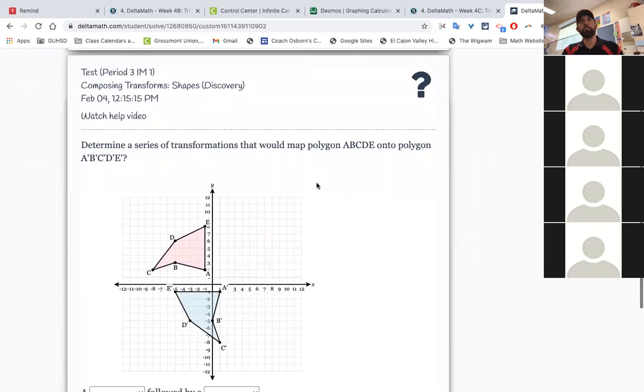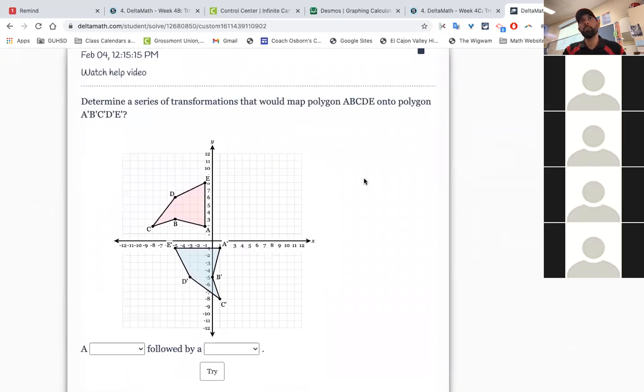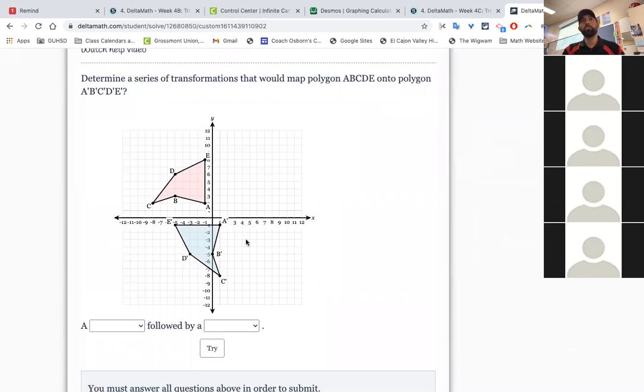All right, now determine a series of transformations that would map this polygon, A, B, C, D, E, this red one, onto polygon A, B, C, D, E. Okay, so now let's use the same idea.